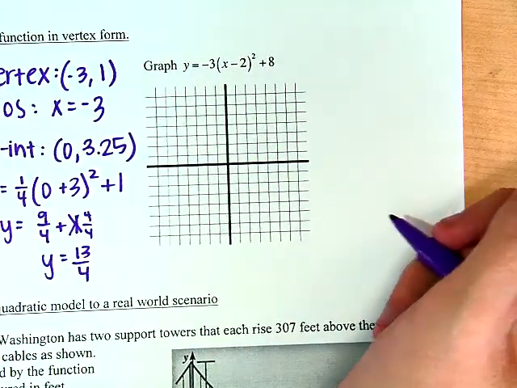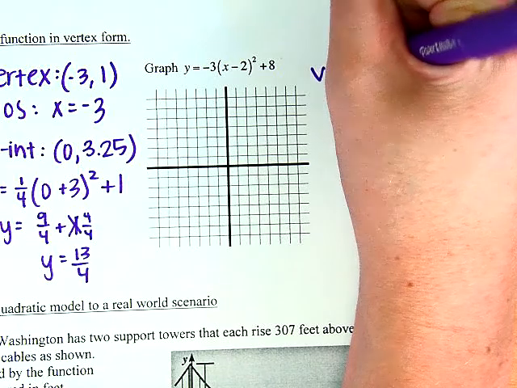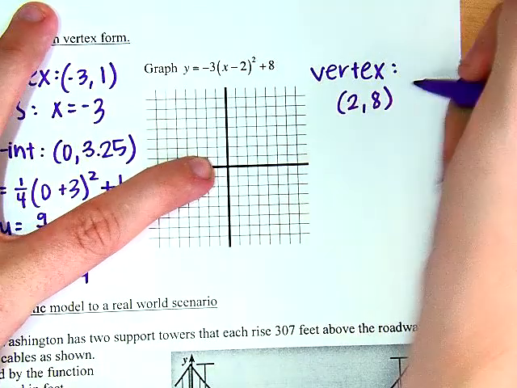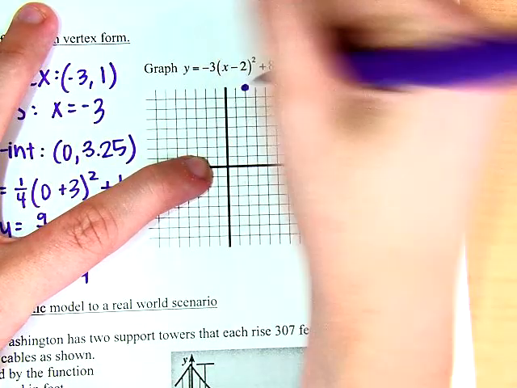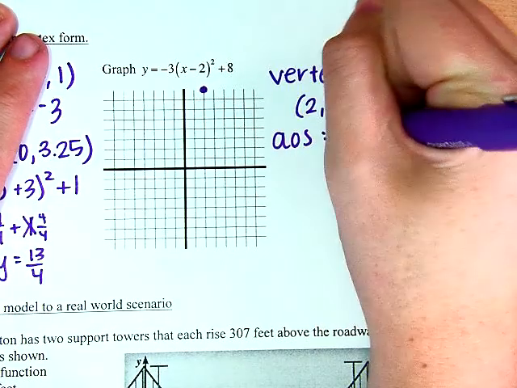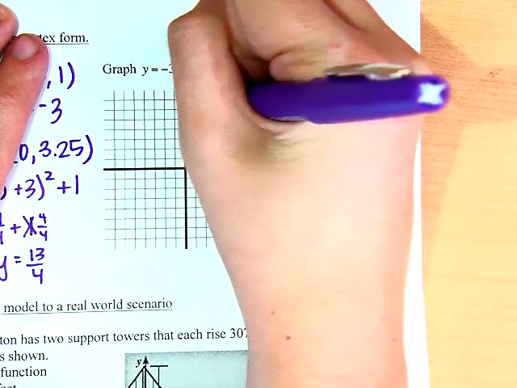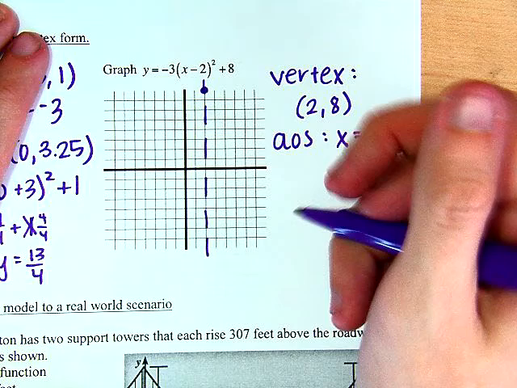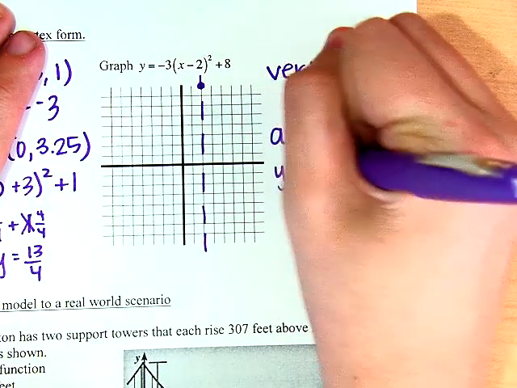Let's do another one. Vertex gives me (2, 8). Perfect. My line of symmetry or axis of symmetry is at x equals 2, so going right down here, right through the vertex. And the last thing I need is my y-intercept.